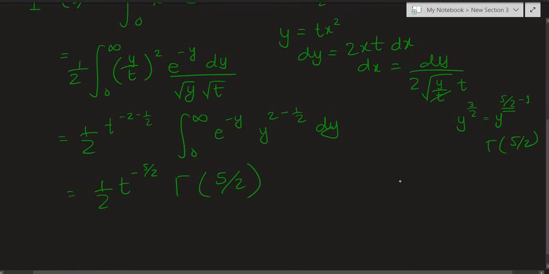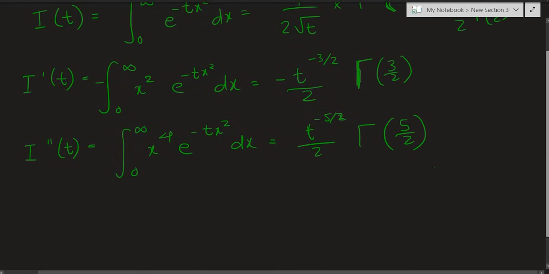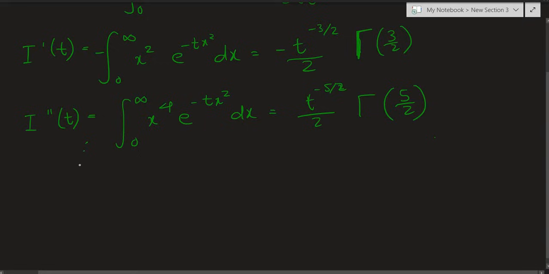Nice. Now it's time to generalize everything. Okay, we found the first derivative of I of t with respect to t, then the second derivative, and we can continue doing this process until the nth derivative of I of t. So I want to represent it this way.